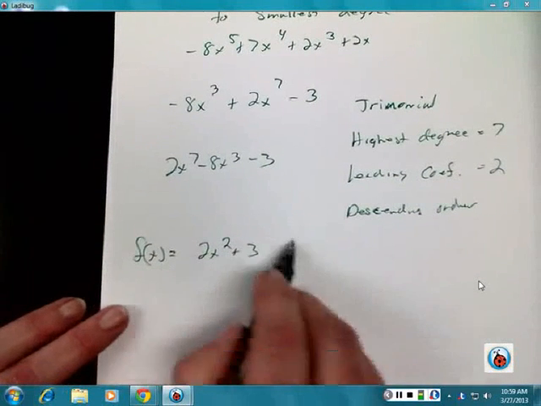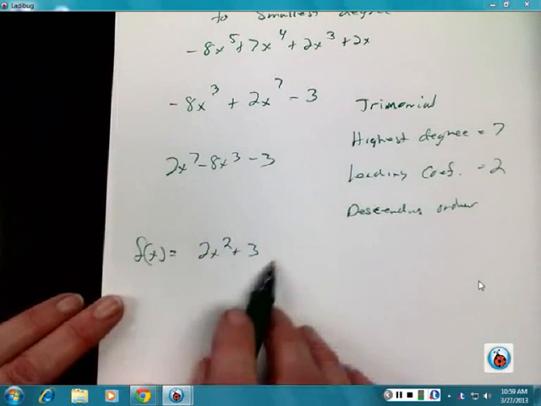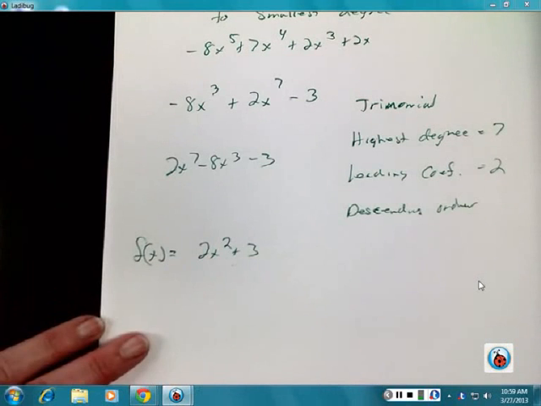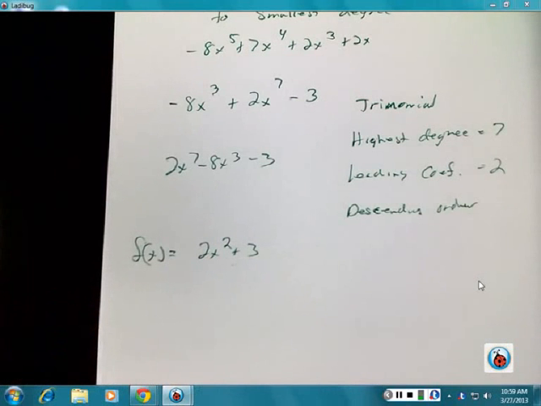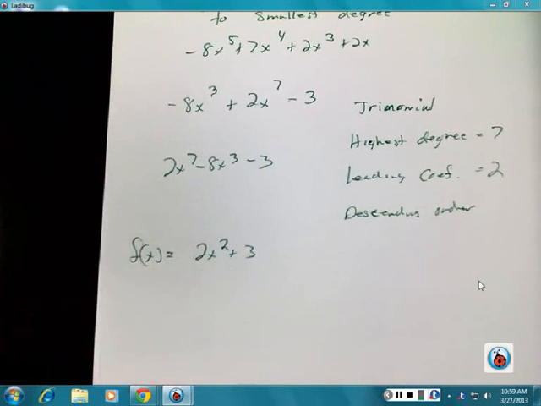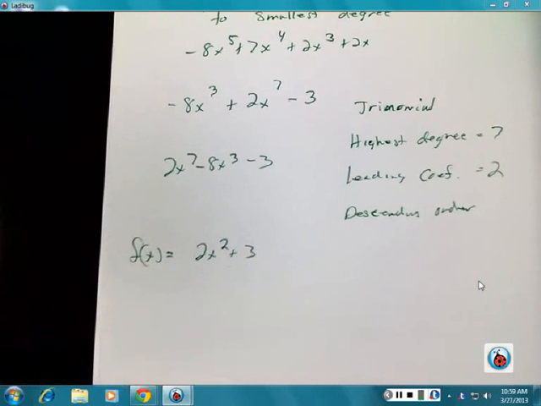What kind of polynomial? The leading coefficient? 2. Highest degree? 2. Numerical coefficients? 2 and 3, and 3 happens to be my constant term at the tail end of it.